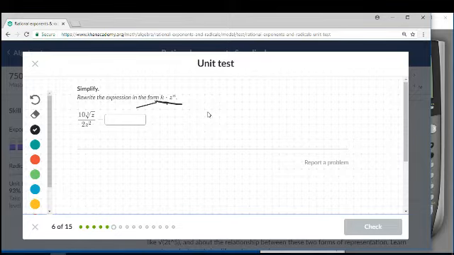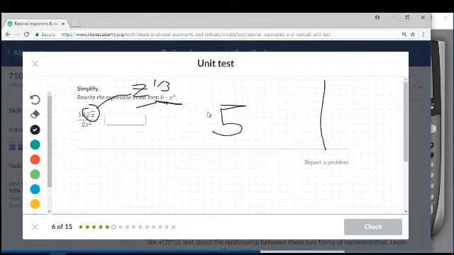Well, 10 divided by 2 is 5, and then the cube root of z over z squared, first of all, I'm going to write that as z to the 1/3, and law of exponents, x to the n over x to the m is equal to x to the n minus m.